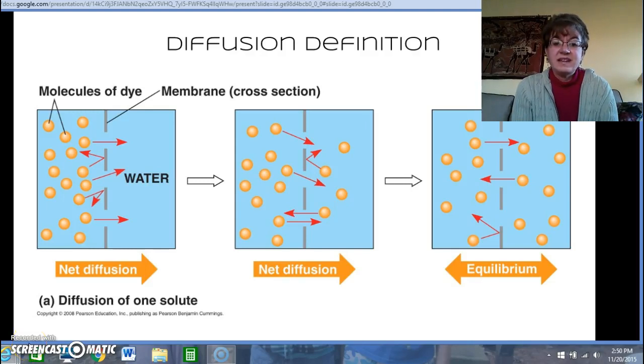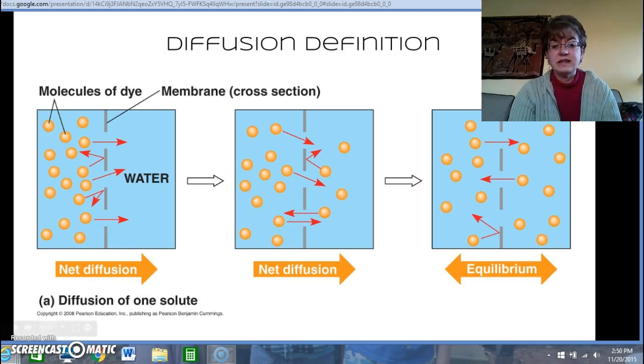Hi everyone. I decided it might help you to finish your lab report if I talked a little bit more about diffusion and osmosis. So let's start first with a definition of diffusion, which is the movement of molecules from a high concentration of those molecules to a low concentration.